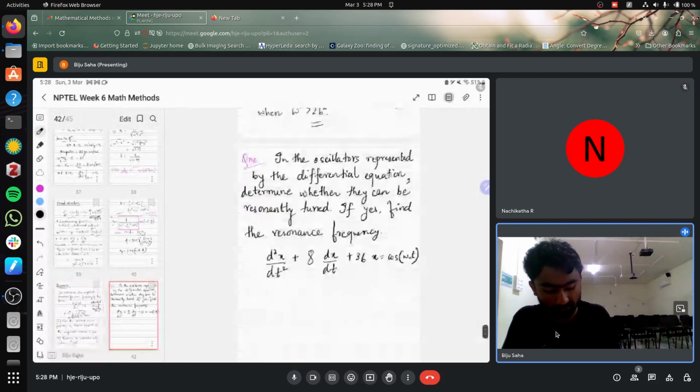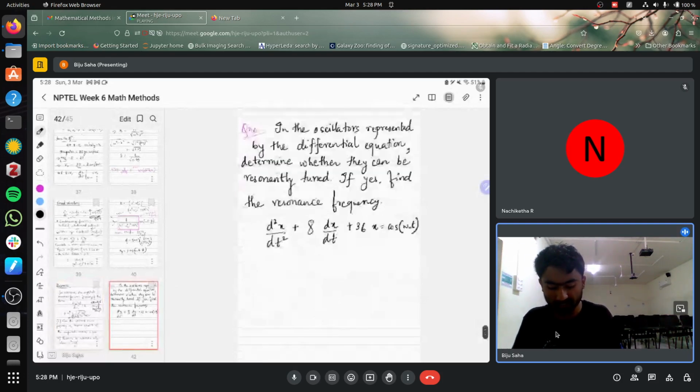We are given this equation and asked to determine whether it can be resonantly tuned or not, and if it can, what the associated resonance frequency is.